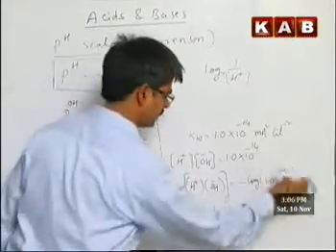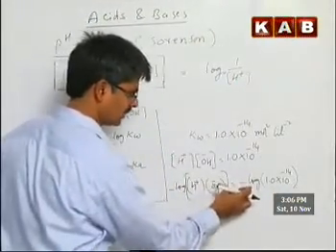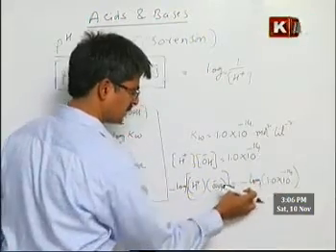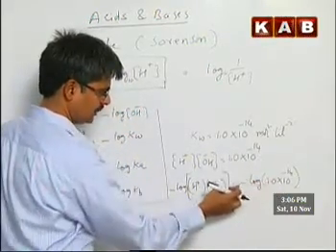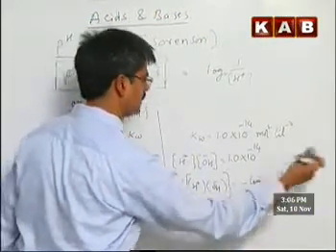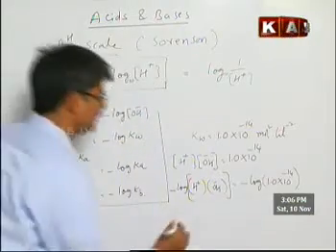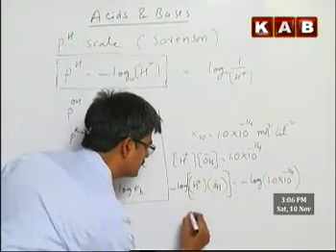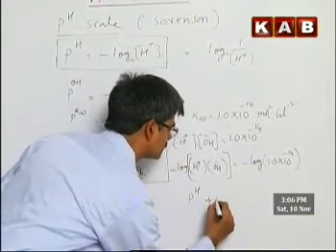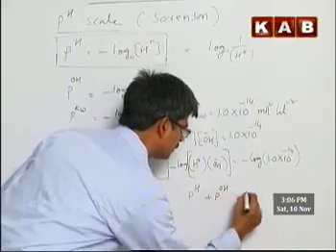And mathematically this value is equal to minus log 10 power minus 14, because log 1 is equal to 0, so minus log 10 power minus 14, which is finally equal to 14 for us. So we have a relation like this, that is pH plus pOH is equal to 14.